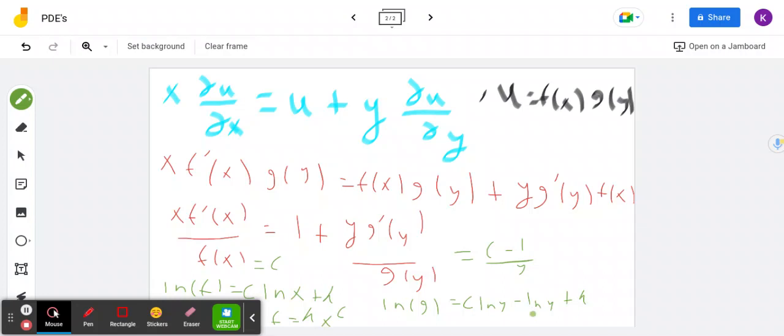I'm going to change c and k to different variables, changing c to a, and k to b. And so you can see that g is equal to b times e to the a ln y minus ln y.